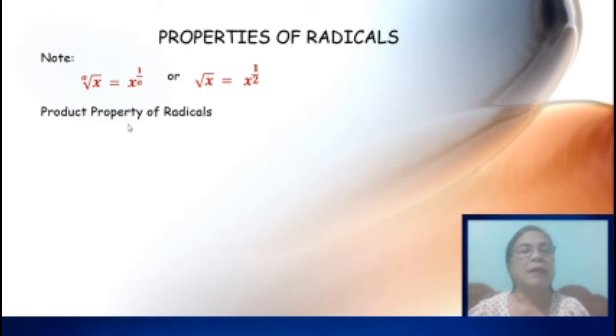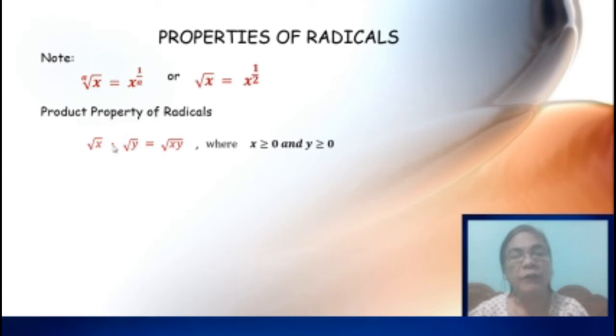Okay. The product property of radicals. So here, we have the square root of x times, take note of that, the dot there implies multiplication, the square root of y, is equal to the square root of xy.